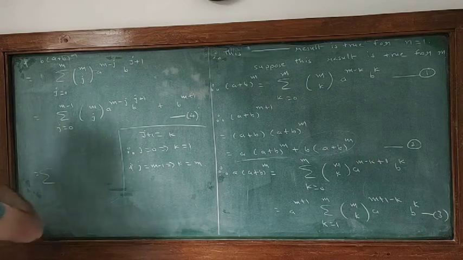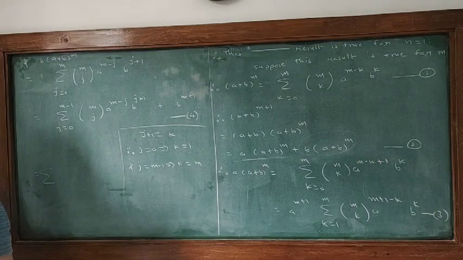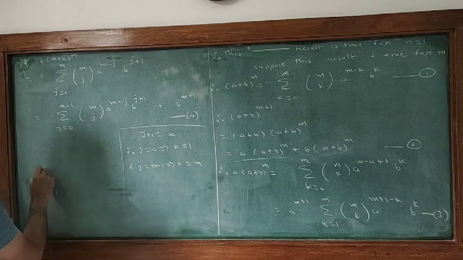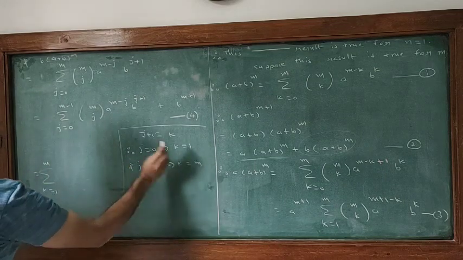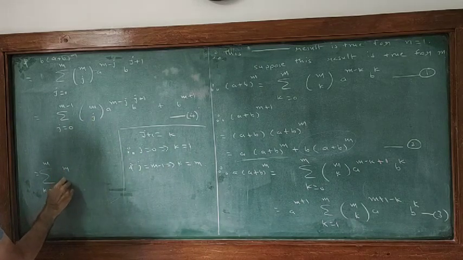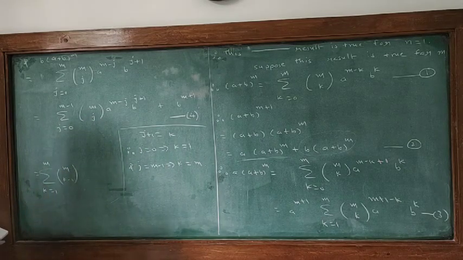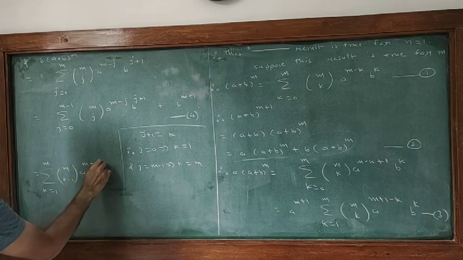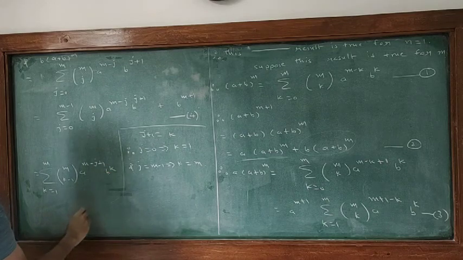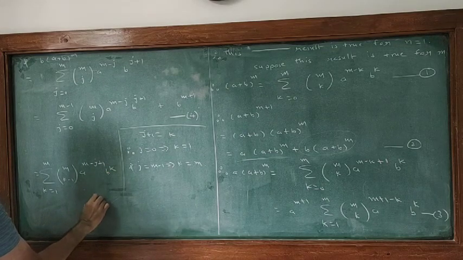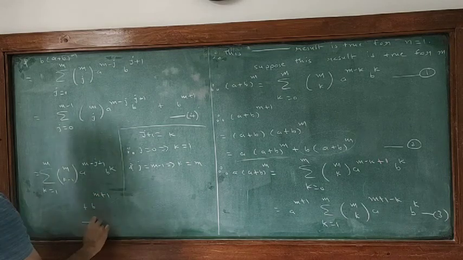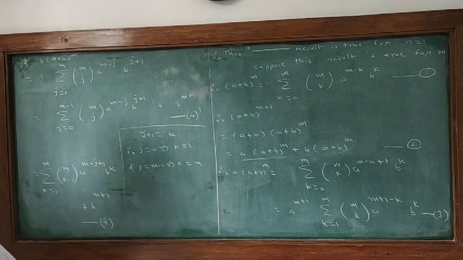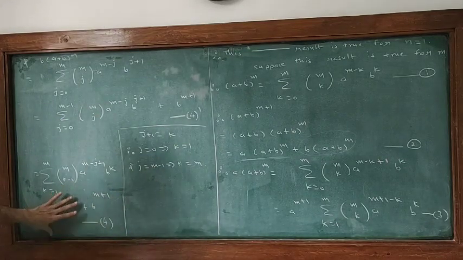This is sigma k equal to 1 to m, mCk minus 1. I say this is equation 4, and then we add 3 and 4.